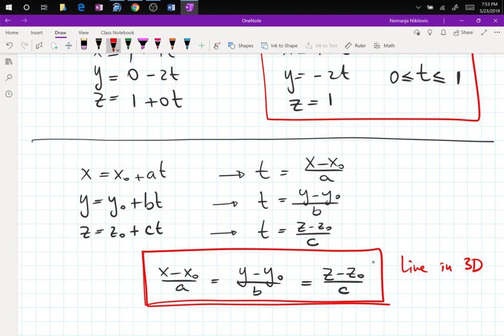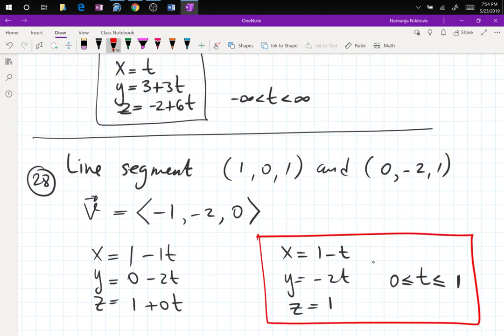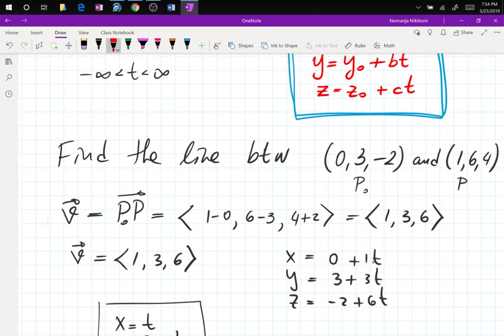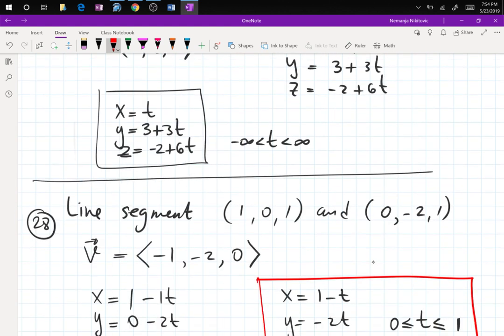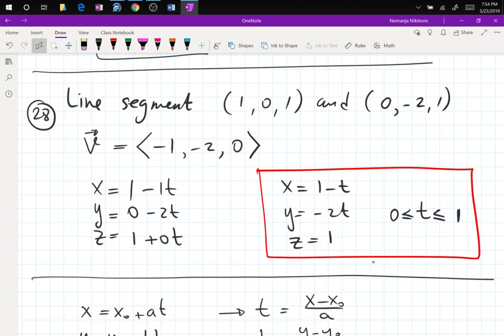Now, what we did yesterday, we found the equation of the line given 2 points. We know that if you have 2 points, you can find the equation of the line. So we used our 2 points to calculate vector v, and then we had v times t, and we used the p0 as the anchor. And then the line segment is the finite line.